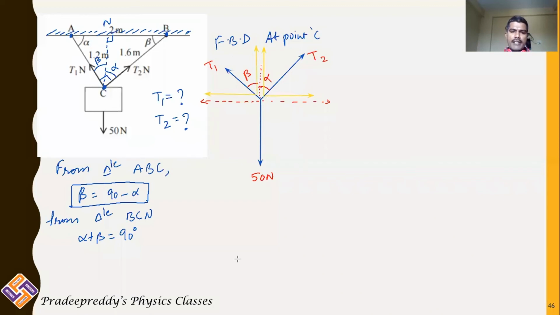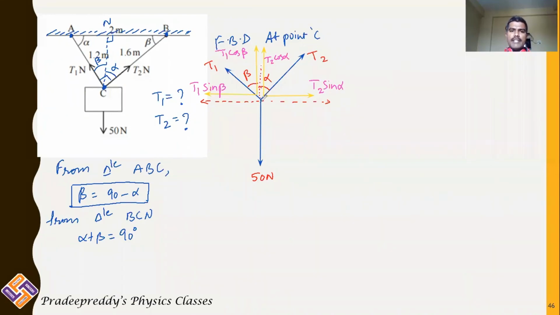So I will be writing these components as: this component is T2 cos alpha, and this component is T1 cos beta, and next this side it is T2 sin alpha, and this side it is T1 sin beta. Okay, so these are the three forces acting over there, T1, T2 and 50 Newton, and the whole system is in the equilibrium.